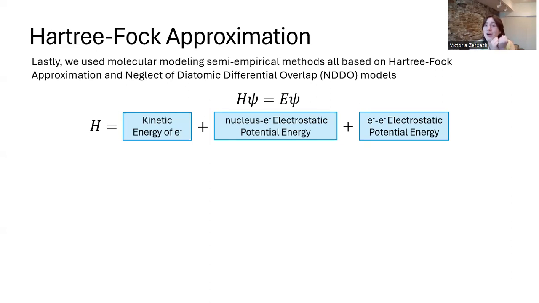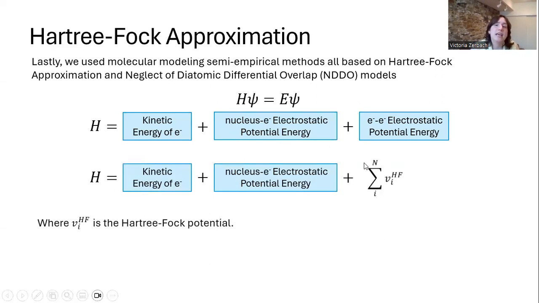And this is very hard to solve for, because when you have a multi-electron system, you end up with a whole bunch of multi-electron integrals, which are really hard to solve for. So instead, the Hartree-Fock approximation approximates this electron-electron repulsion with an electron interacting with an average electrostatic field of all of the rest of the electrons in the atom.